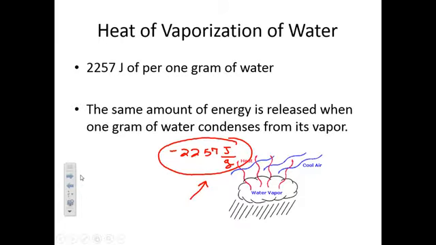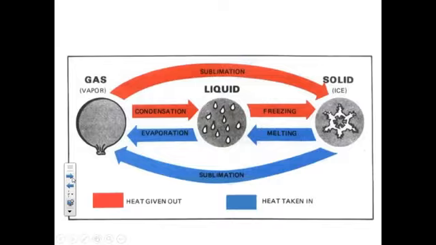Because you have warmer air, it can hold more water, and so you have a lot of water vapor in the air. So our last slide is just to remind you of this cycle from a gas to a liquid to a solid. Remember your terms: condensation to freezing.